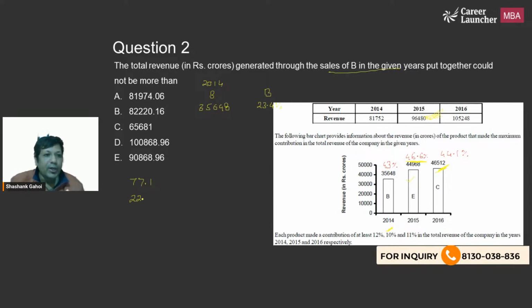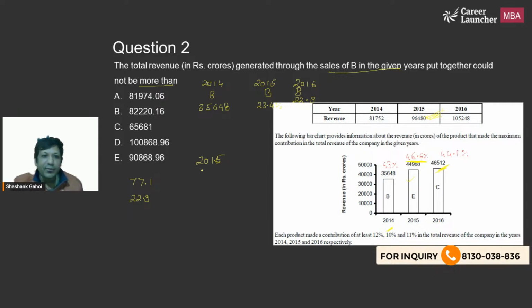That is 22.9% of B. Okay, Kushagra, where is the doubt? So I am saying the question is talking about "cannot be more than." It means I need to maximize the value of B, right? Kushagra, are we clear on this? We need to maximize B.